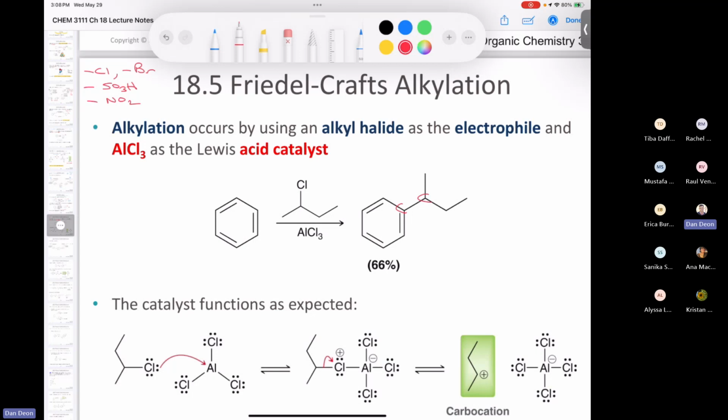So in this reaction, you have benzene, 2-chlorobutane, and then aluminum chloride, which is your Lewis acid. And then you end up adding this portion onto the aromatic ring. So in this case, you're ending up with sec-butyl benzene. This is just a very specific example.